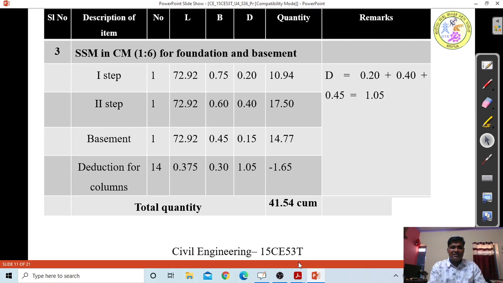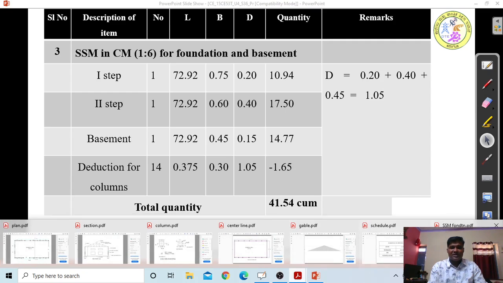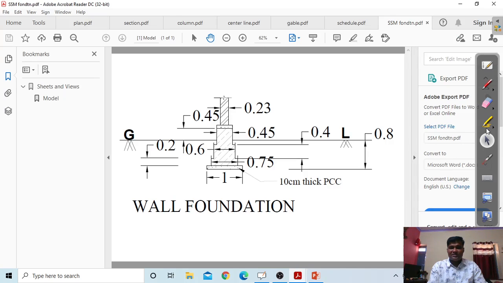And finally the third step. The third step is this portion. So above the ground also it is going. The third step is also called the basement because it is provided above ground level. 0.45 meter is the width and 0.45 meter is the depth.